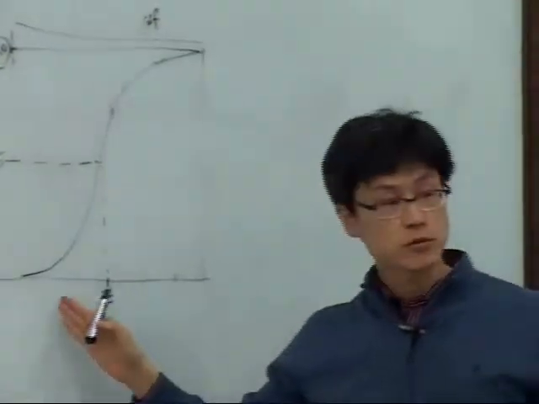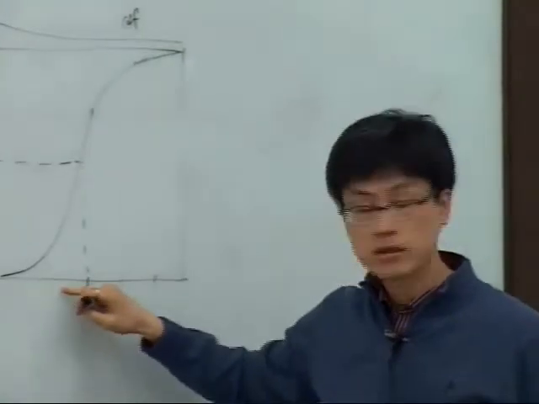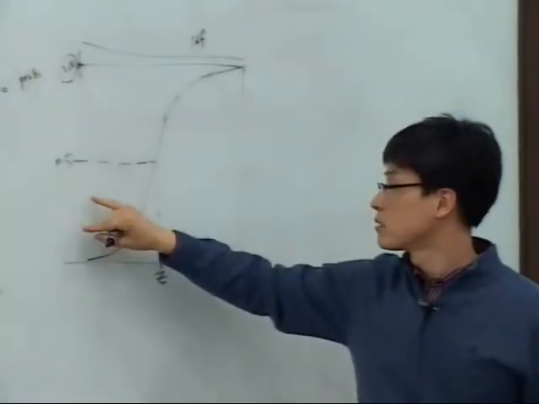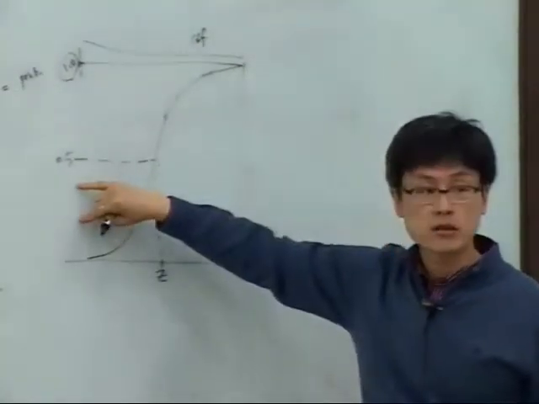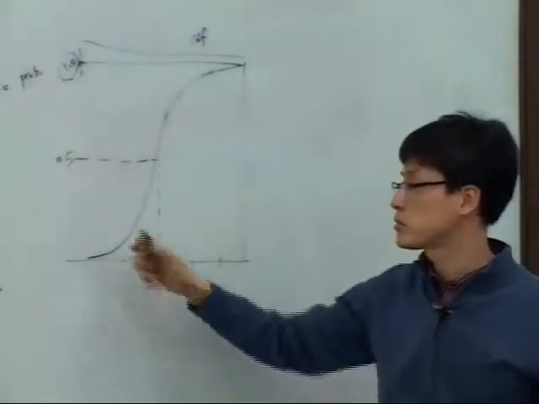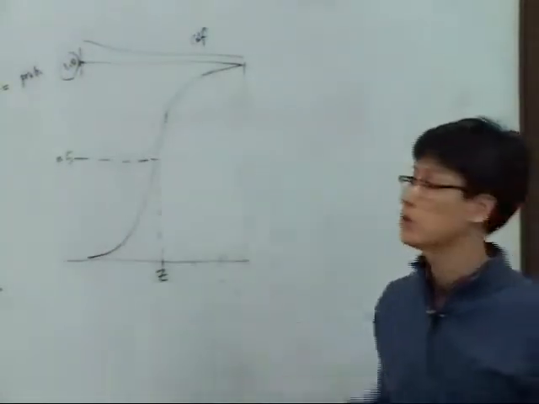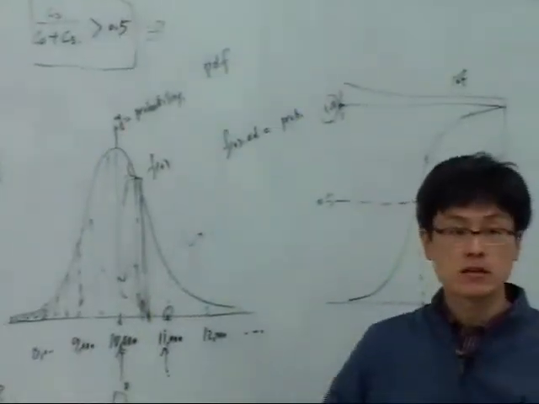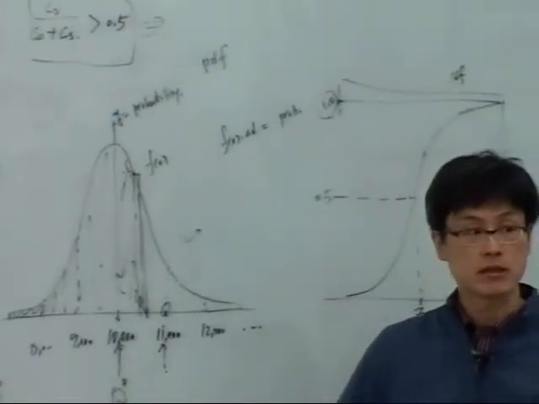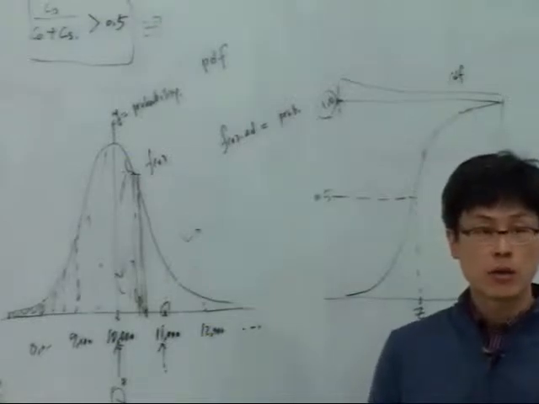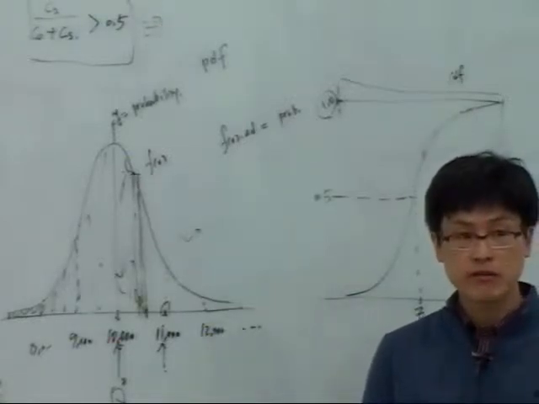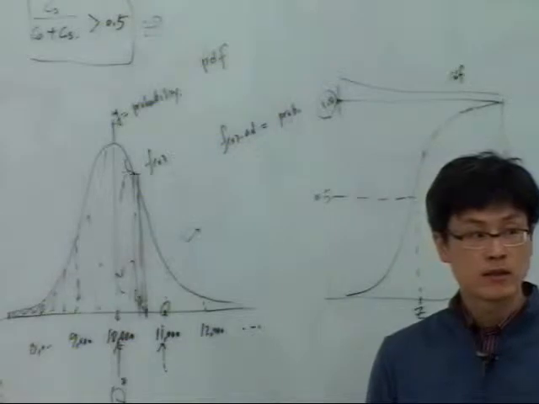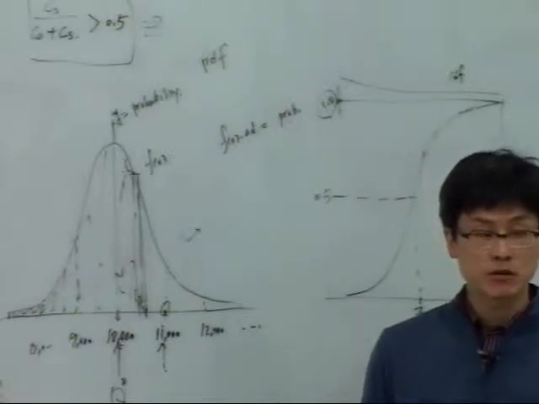But when it comes to this area, the variability here is much greater than variability here because of the slope. Okay? That's the observation from mathematics, right? And what does this fact give us in terms of inventory control?